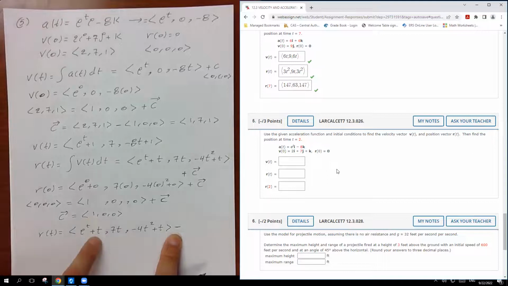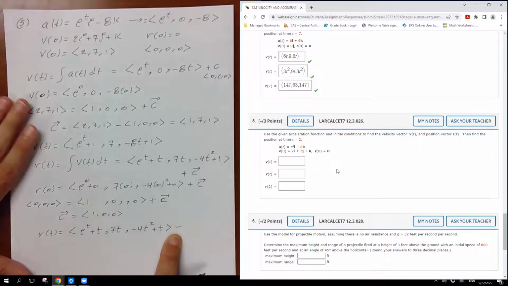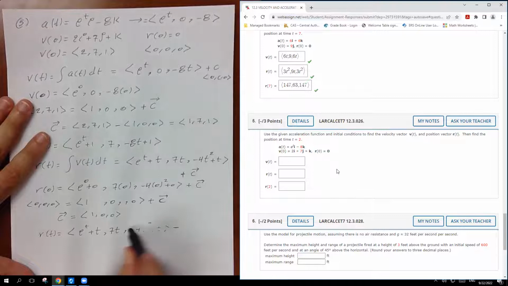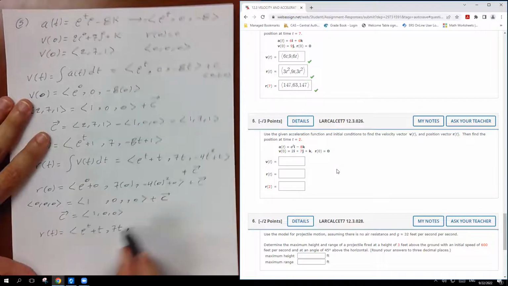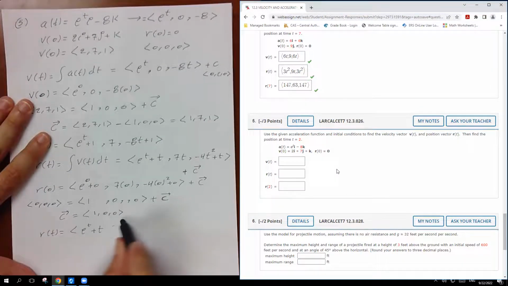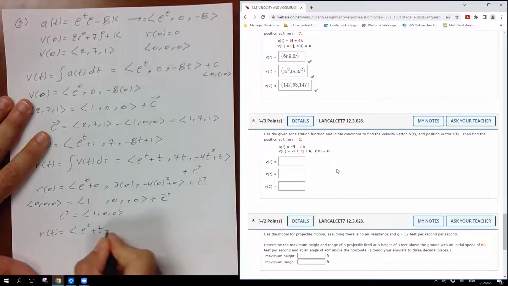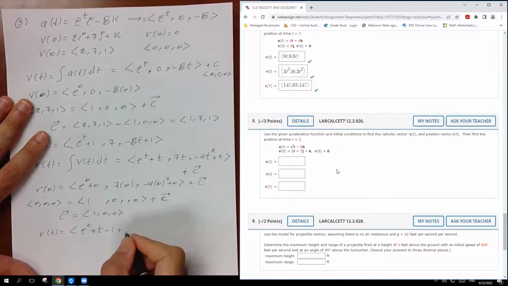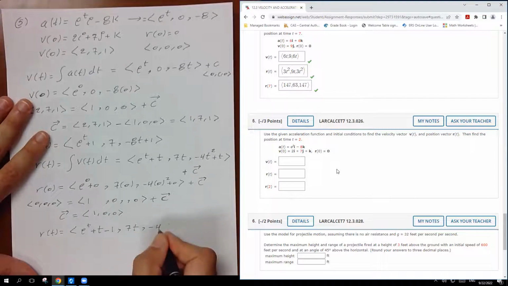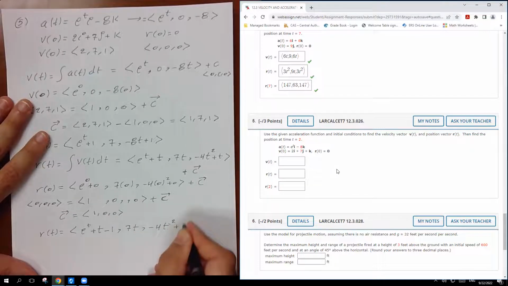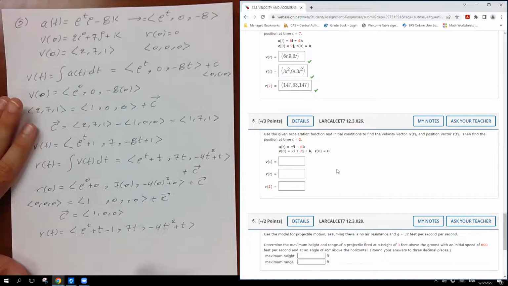It's going to be here with the first function, because i, j, k, let's add it here. You don't have to keep it outside. So negative 1, and the second one is going to be 7t, and it's going to be negative 4t squared plus t. That's it. This is the position vector.